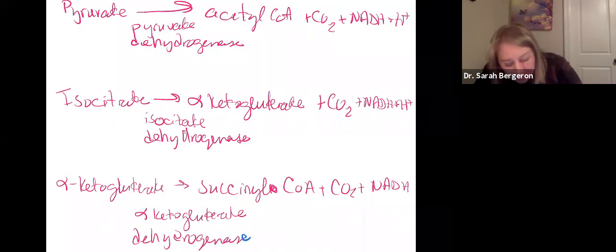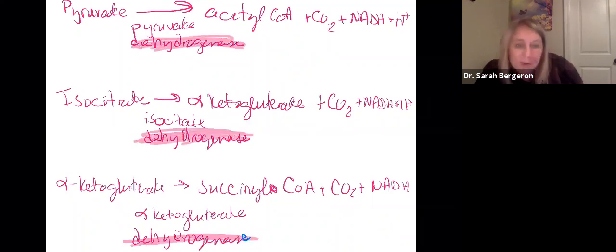So all three of the reactions where we have oxidative decarboxylation, we have dehydrogenases. That's really important to recognize, that we have similar enzymes doing similar processes with similar results. So if you learn the names, you're actually learning what's happening, because if it's a dehydrogenase, what are you doing? Oh, it's an oxidative decarboxylation reaction, right?